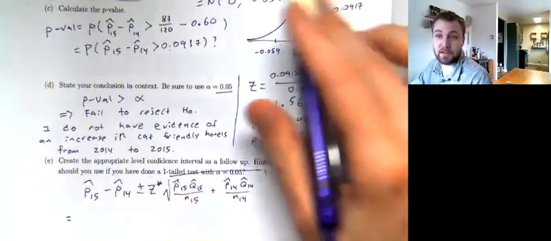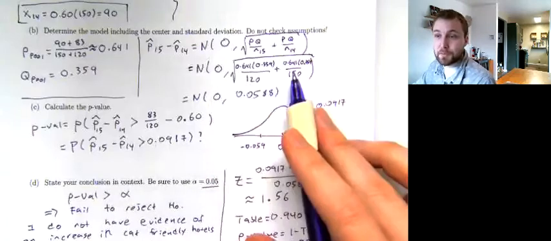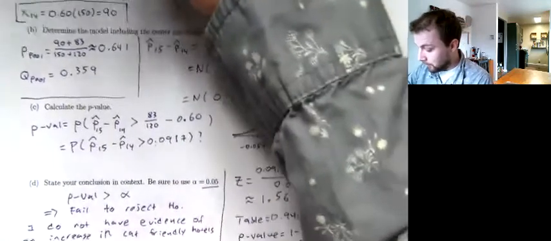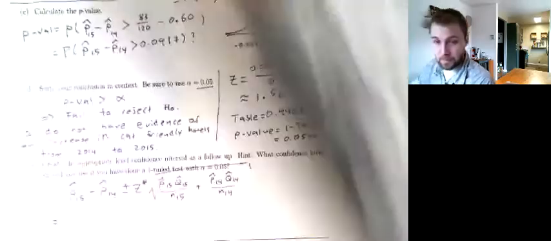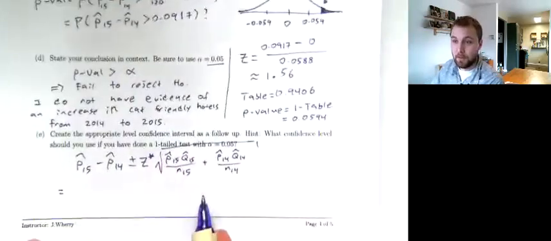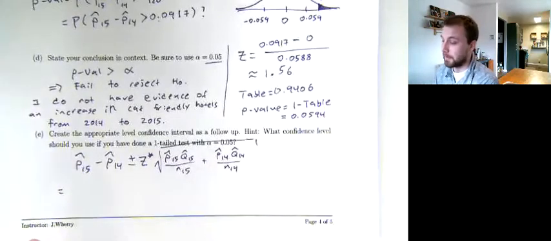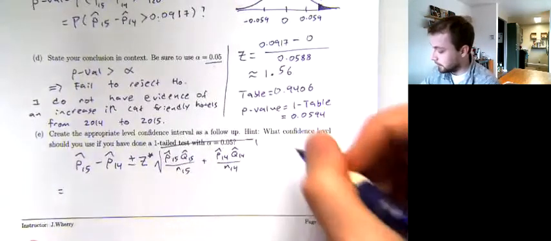So when I created this model, I assumed the two groups were the same, so I plugged in the same success rate here. When I am doing my confidence interval, I don't make that assumption. So where it says 2015, I will plug in my 2015 success rate. Where it says 2014, I will plug in my 2014 success rate.